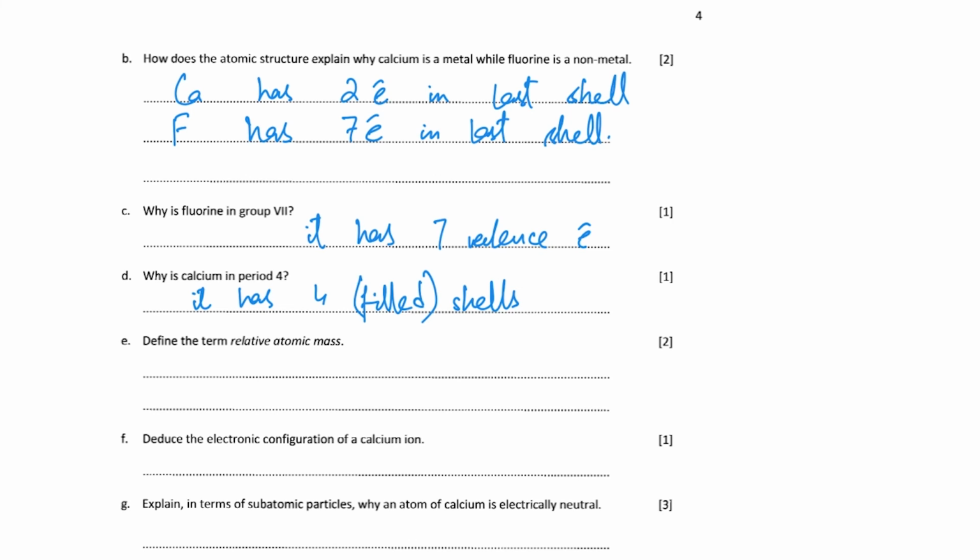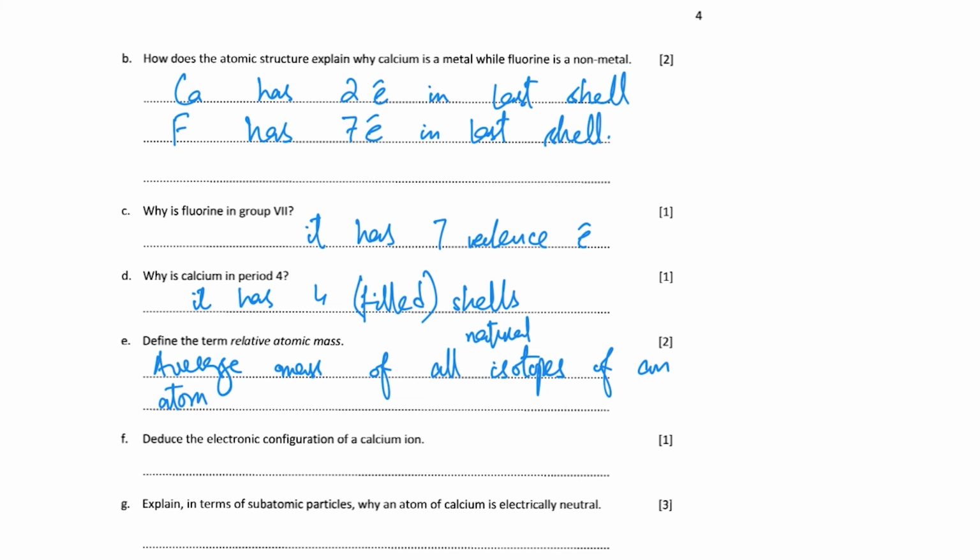Define the term relative atomic mass. This is a technical definition, so it's important that you define it correctly. So we'll start by saying that it is mass of an atom, but again, this is relative atomic mass, so we'll say average mass of all isotopes. And again, to be better, you can say all natural isotopes, so naturally occurring isotopes of an atom.